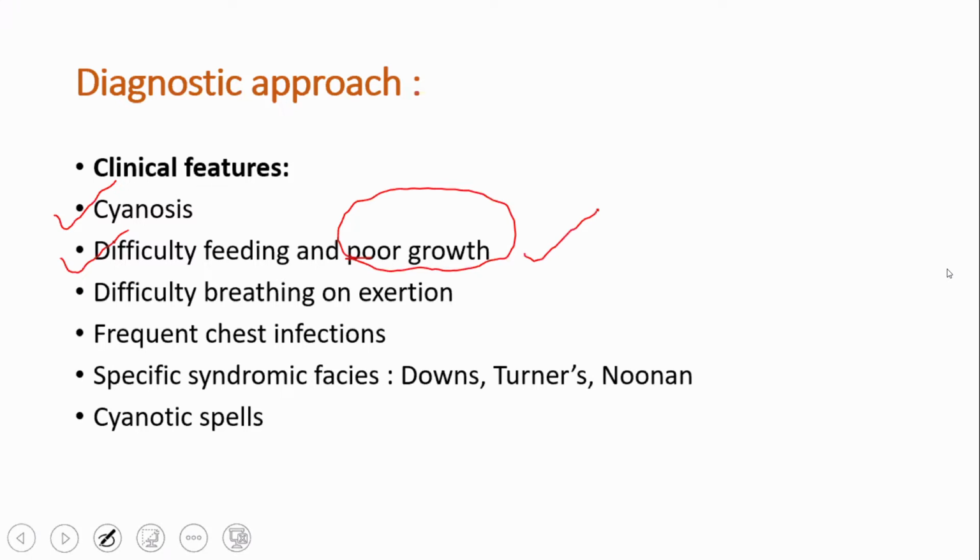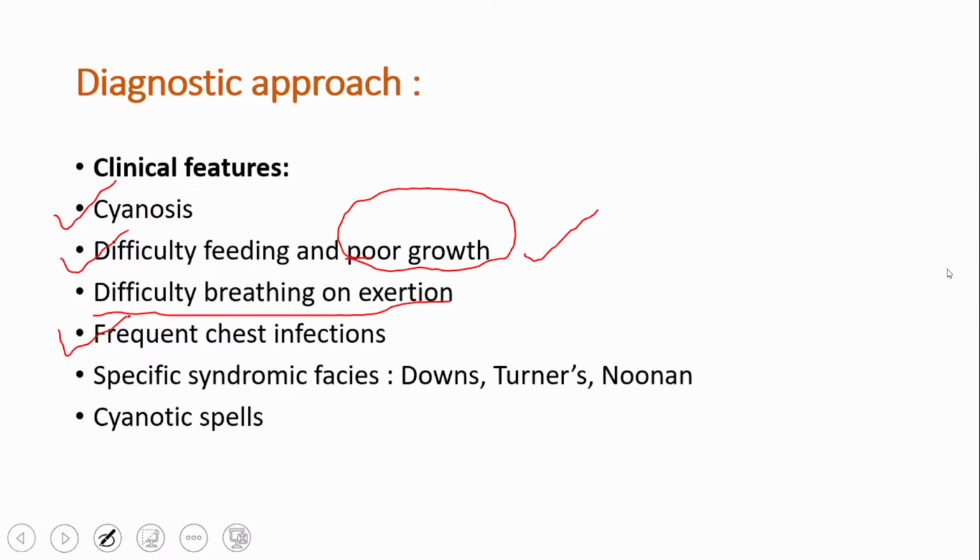Next, difficulty breathing on exertion. In a newborn, exertion means during crying or during breastfeeding, and the respiratory rate will start to increase. So in respiratory distress, one of the differential diagnoses is congenital heart disease. Another common presentation is frequent chest infection, especially in left to right shunt.